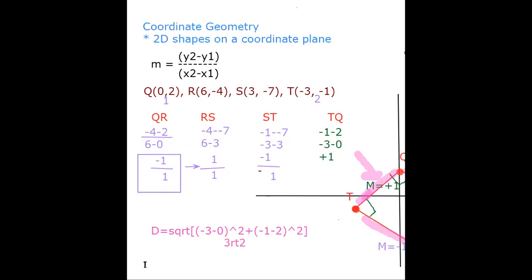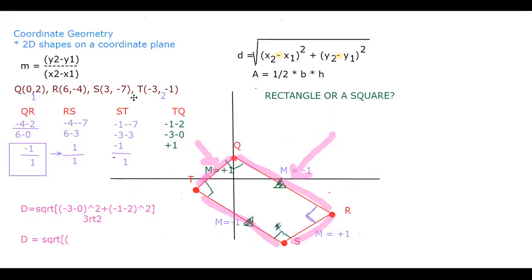So the distance equals square root of, what points are we using on this? So I'm going to look at that top side, QR. So if I'm using QR, I'm going to say Q is point number 1 and R is point number 2.